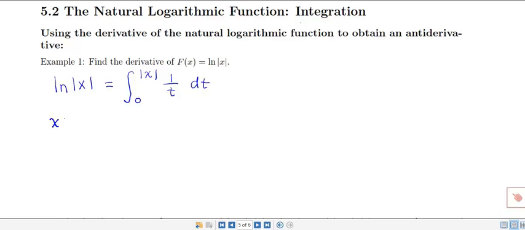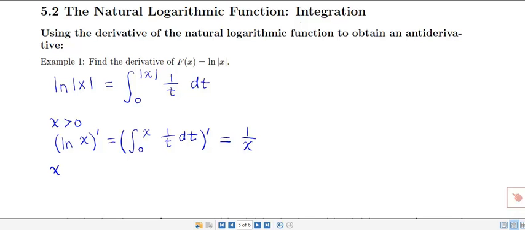When x is bigger than 0, the absolute value of x is the same as x. So we will get integral from 0 to x of 1 over t dt. And if we need to take the derivative for this expression, according to the second fundamental theorem of calculus, we get 1 over x.